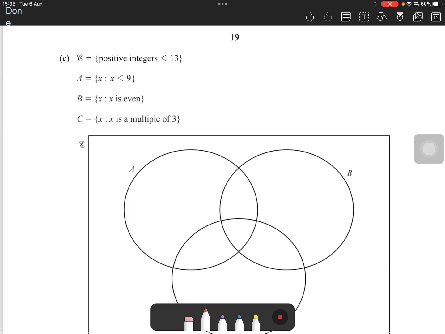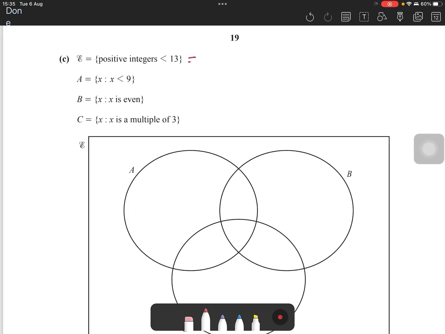C. The universal set is the set of positive integers that is less than 13, which means 1, 2, 3, 4, 5, 6, 7, 8, 9, 10, 11, and 12.